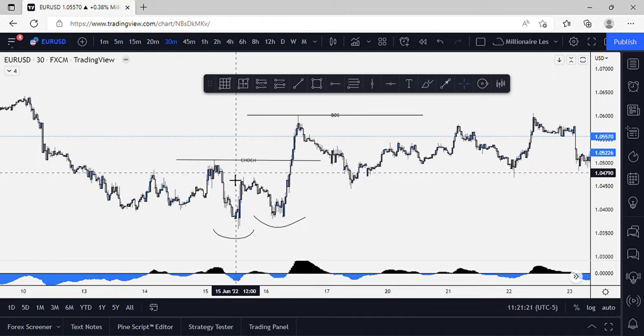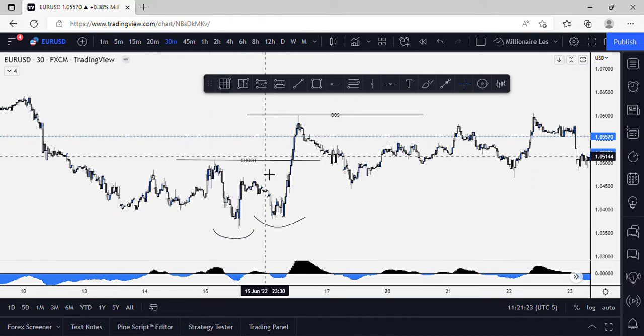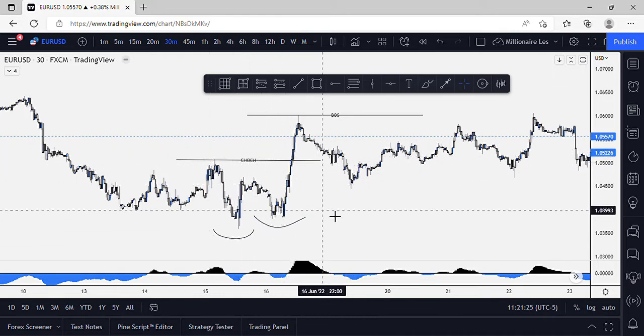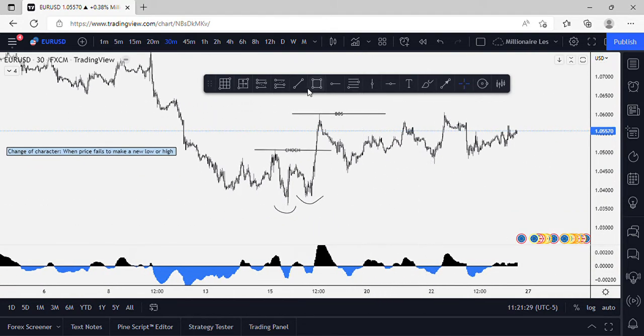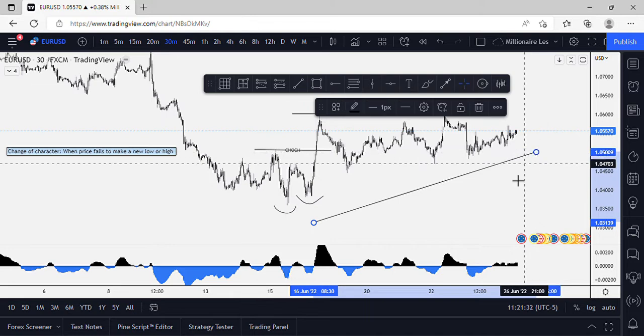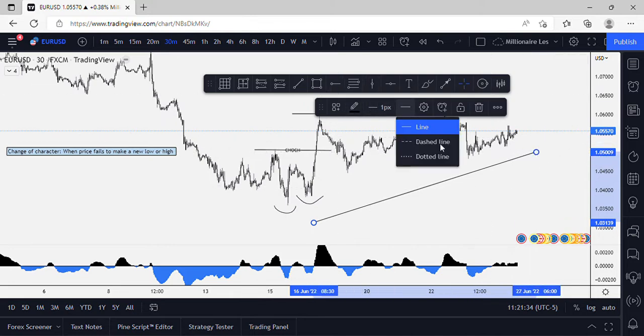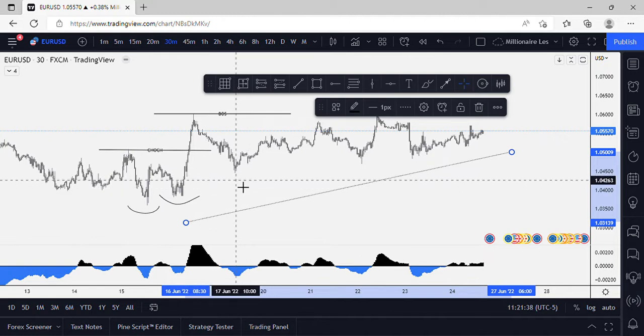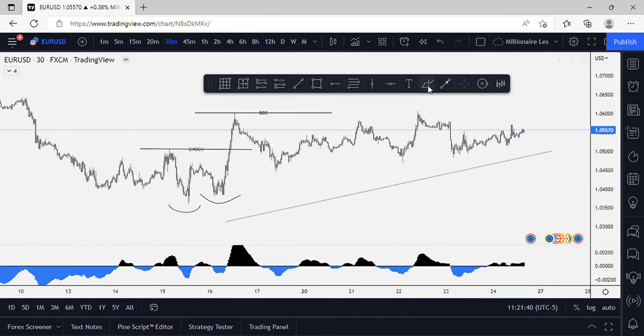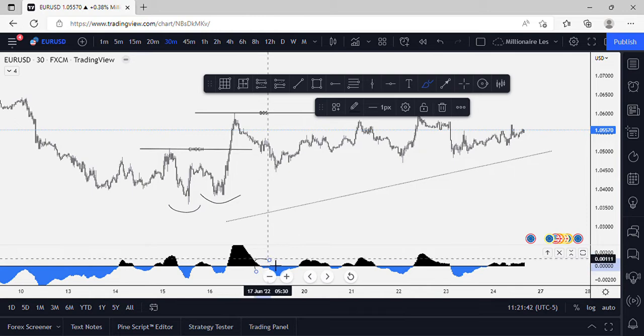Now, let's say I had a change of character, where price failed to make a new low, and I'm assuming that price is in a bullish trend. Price is going up. All I have to do is wait for a pullback, right? Set an alert on my MACD right here.